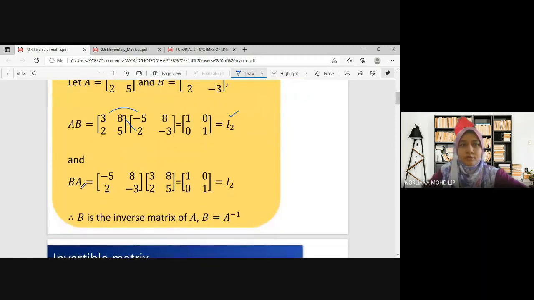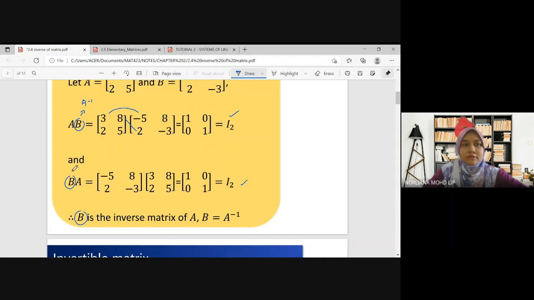And also B times A, so we also get 1, 0, 0, 1. Therefore B is the inverse of matrix A. We prove B is the inverse of matrix A, therefore B is equal to A inverse.